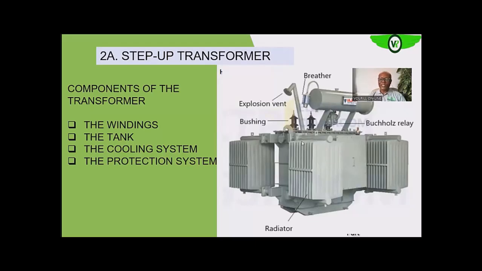That hydrogen, if it is not removed from the tank, will definitely overpressurize the tank. And if the tank is overpressurized, it can either cause the gaskets between the cover and the tank to start leaking, or it can cause explosion, depending on the rate at which that hydrogen gas is generated within the transformer. So the explosion vent actually assists us in preventing such an occurrence.